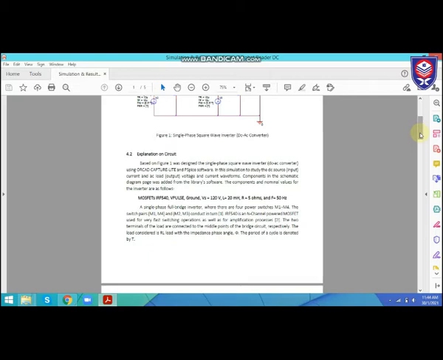IRF540 MOSFET ini adalah N-channel power MOSFET, iaitu digunakan untuk switch operation dalam keadaan yang laju untuk amplification proses. Dan dua terminal load tersebut connect kepada middle point dekat bridge circuit tersebut.